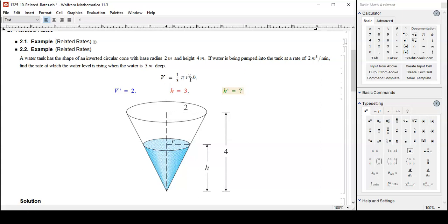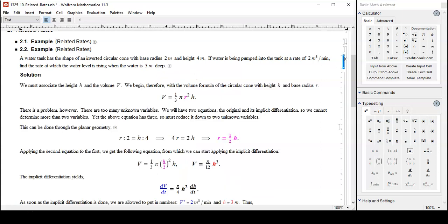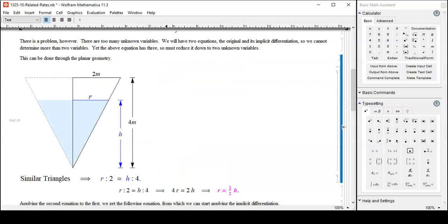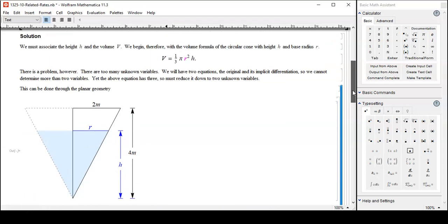But there's a problem. We have r, so we need to remove it. We have to get a relationship between v and h alone, no r. So how do I do that? It comes from the picture, but this picture has too much information. Let's get down to a 2D version by looking at it sideways. So the radius of the original big cone is half of the height. So current radius must be half of the current height, current depth I mean.